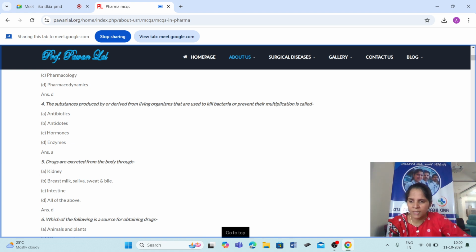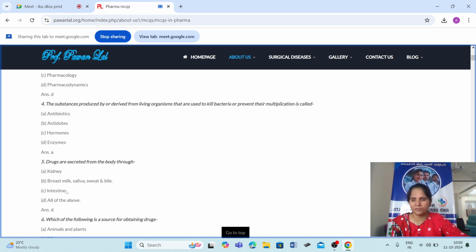See, we know the major organ in our body for elimination of the drug is kidney. But there are some drugs which will be eliminated or excreted through breast milk, saliva, sweat and bile. See, elimination of drugs through these ways is of little proportion, not much, but they'll get eliminated even through these ways. Intestine, in the sense, you should assume that it is through the rectum.